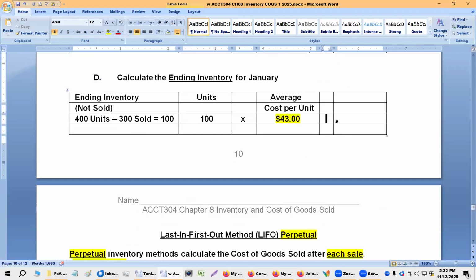So average cost per unit, we use the same number for both. 4,300. Oops. I guess we need the 4 and the 4,300. Supposed to be a total, supposed to be our ending inventory.